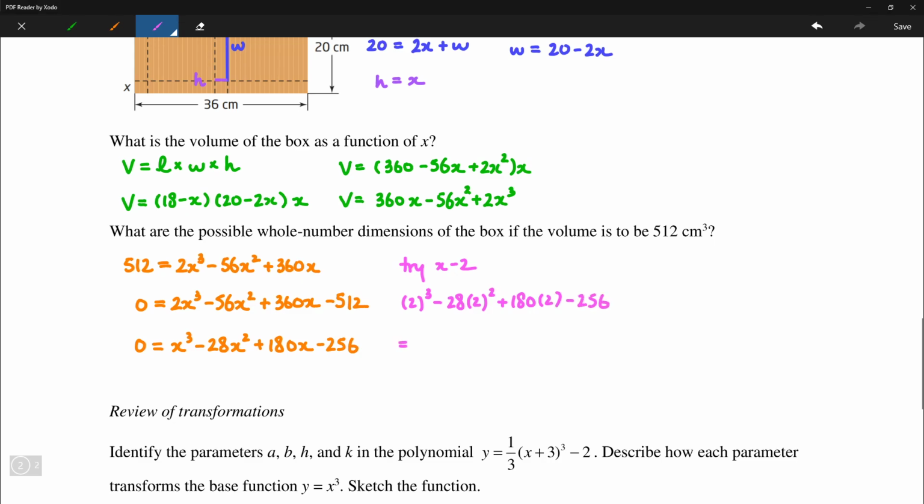That will give us 8, and then 4 times 28, which is 112, plus 360, and then minus 256. All right, so of course that will be equal to 0. Therefore, x minus 2 is in fact a factor.